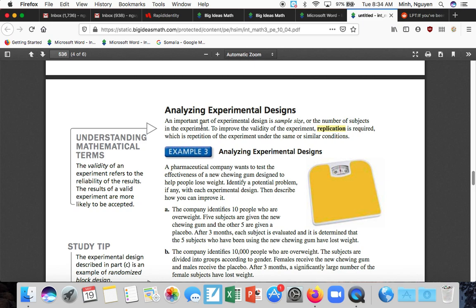To improve the validity of the experiment, replication is required, which is repetition of the experiment under the same or similar conditions. So you have to be able to do something over and over again. You can't administer a drug in San Jose, and then somewhere in Oklahoma runs the experiment and finds that the drug is not effective.